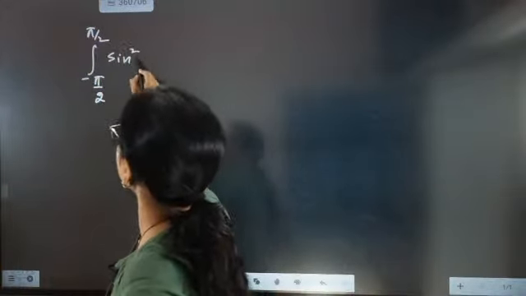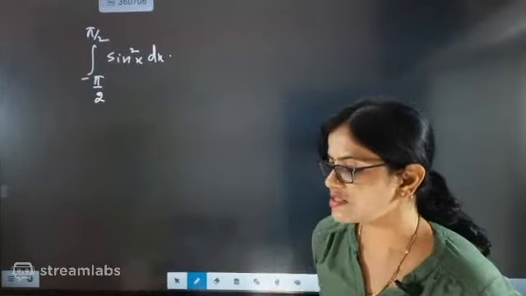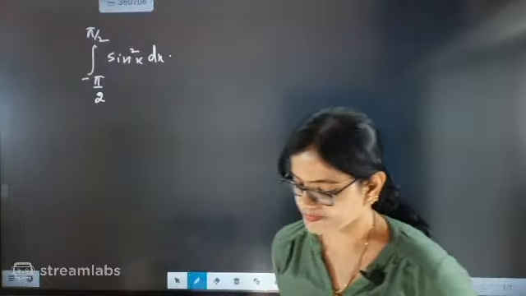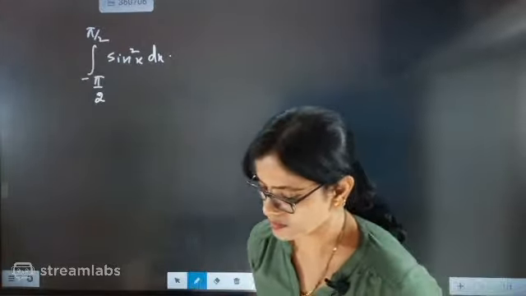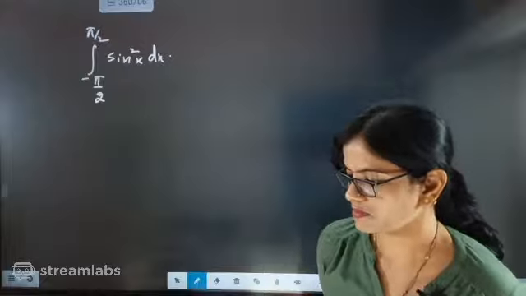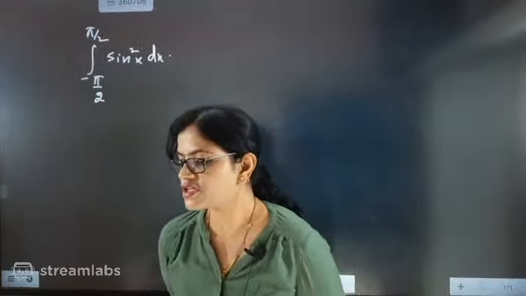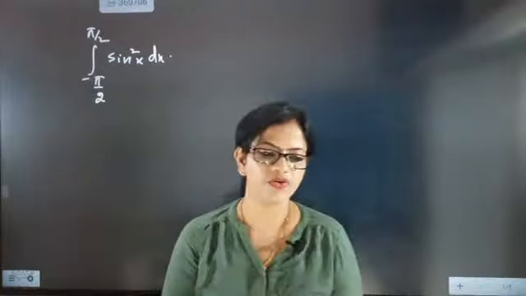Now try and solve this question out. The integral from minus pi by 2 to pi by 2 of sine square x dx. First, identify whether it is an odd function or an even function.